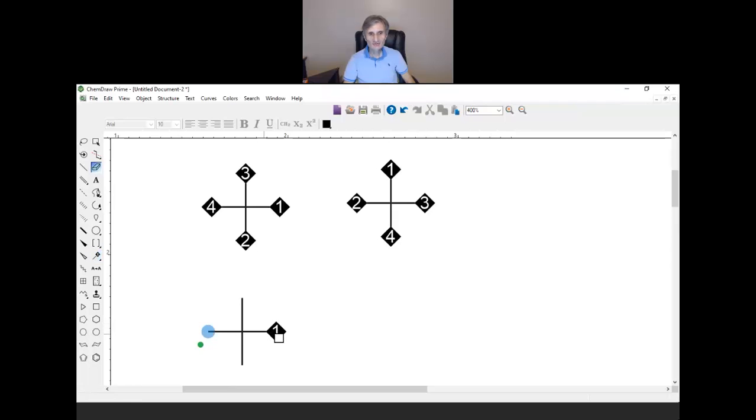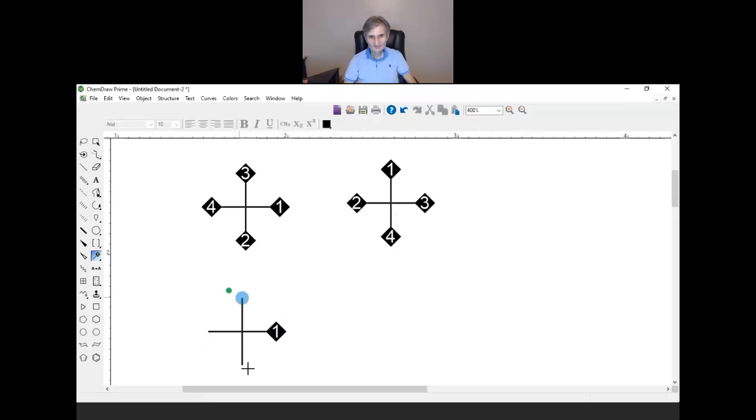What you should do is, instead of dealing with one Fischer projection where you have 2 contiguous chirality centers, separate them into 2 chirality centers and ignore what the substituents are. Just write down what the priorities are.